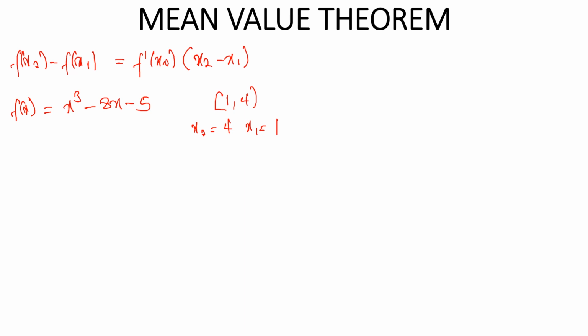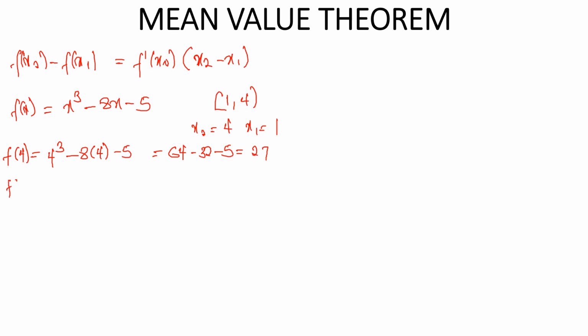First of all, we need to find f of x2, which is f of 4, which is 4 raised to the power of 3 minus 8 into 4 minus 5, which is equal to 64 minus 32 minus 5, which is equal to 27.